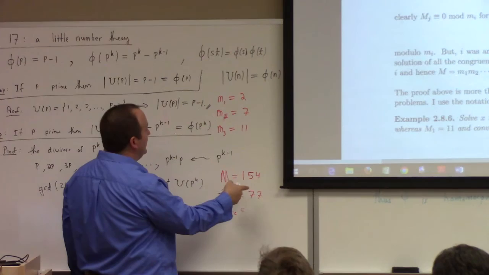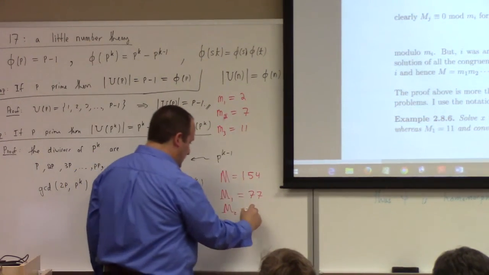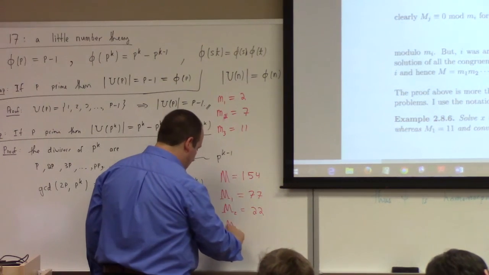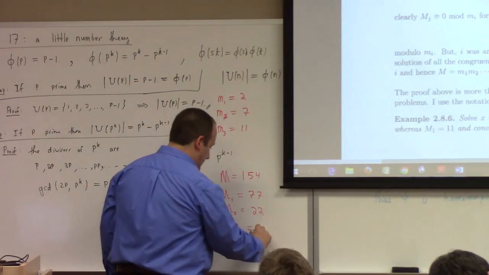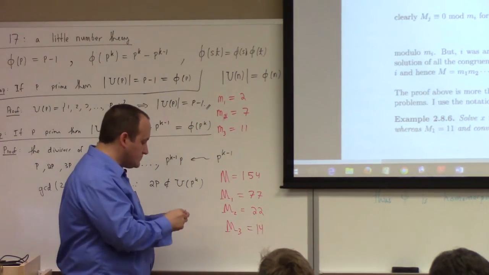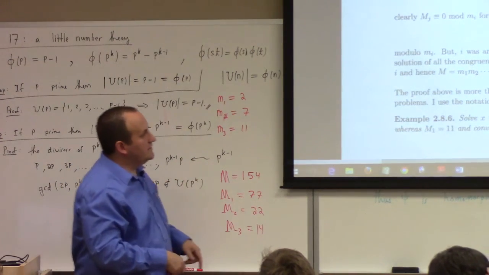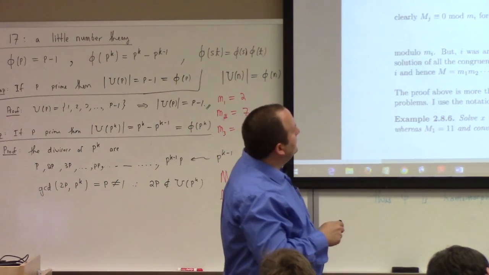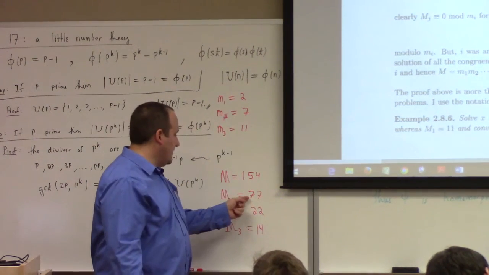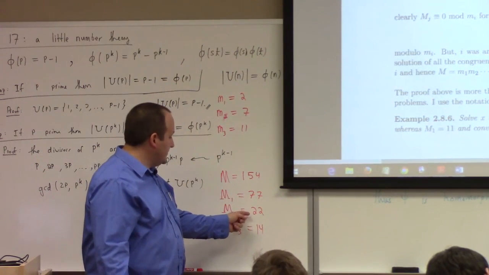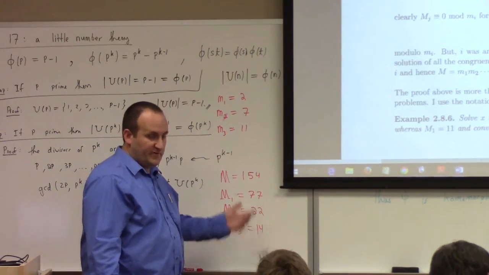That's better. Thank you. I was about to get really confused. M sub 2 is 22. M sub 3 is 14, right? So these guys are relatively prime: this is relatively prime to 2, this is relatively prime to 7, this is relatively prime to 11, for example.